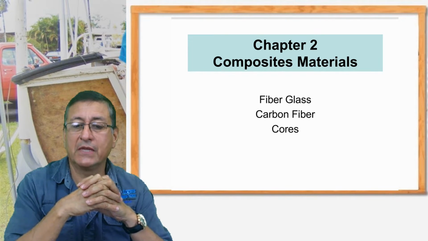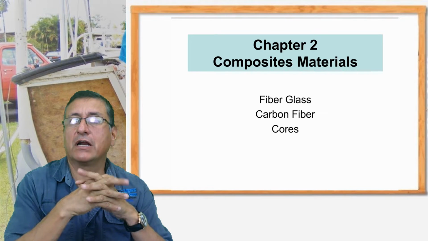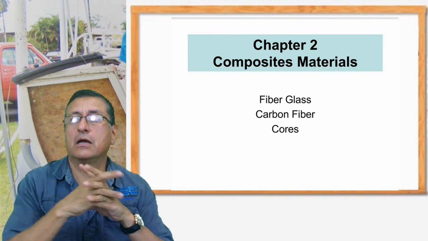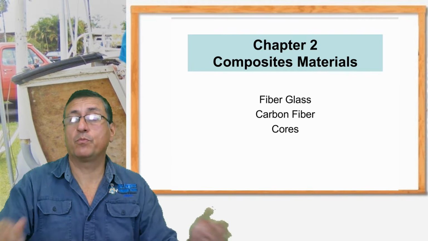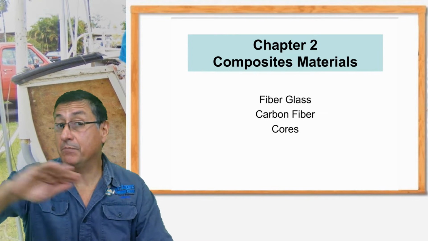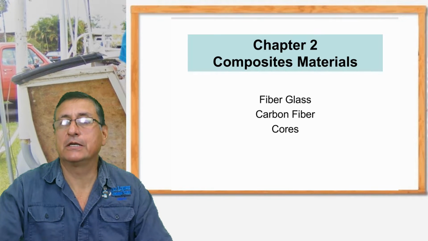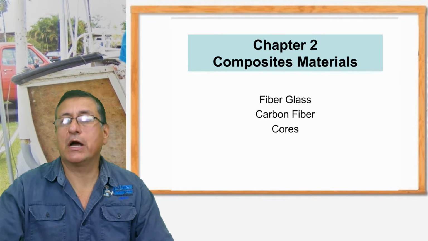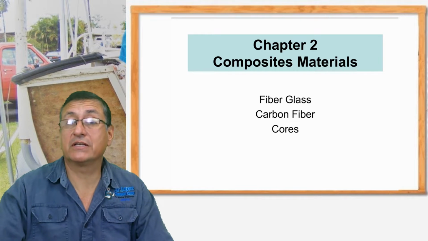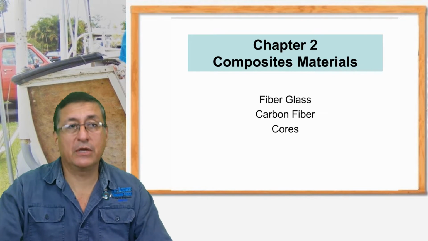the marine industry. Yes, the carbon fiber and the fiberglass are every day more and more popular and replace the metals, the metal alloys, every day in more and more applications. There are millions of examples in the automotive industry.